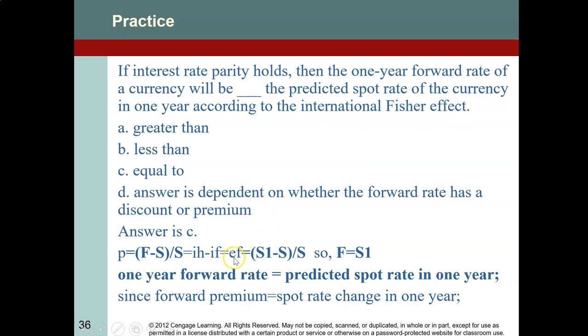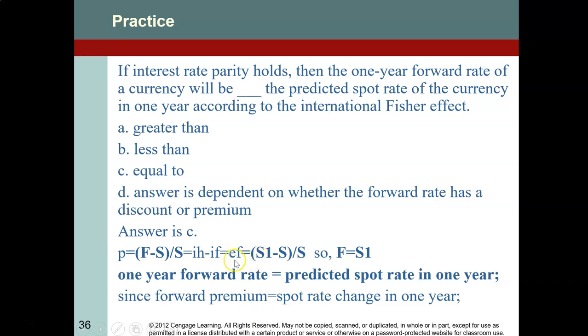Here we already have the 1-year forward rate in our equation, but we're asking how the 1-year forward rate is related to the predicted spot rate of the currency in 1 year. We have the forward rate, for the forward that's going to be carried out after a year, and we know the current spot rate. We also have the change in the exchange rate, EF, which is also the change in the spot rate.